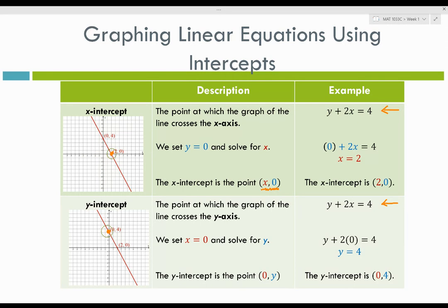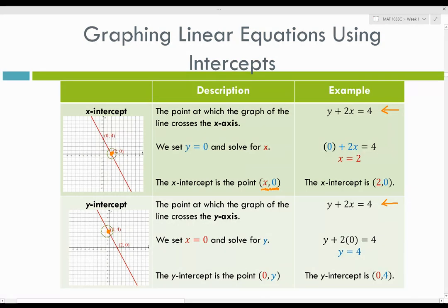So I end up with y equals 4. In coordinate form, y-intercepts always take the form (0, y), so I would write this as (0, 4). The way that I remember it, whatever intercept I'm trying to find, I set the opposite variable equal to 0. If I'm looking for x-intercepts, I set y equal to 0. If I'm looking for y-intercepts, I set x equal to 0. So it's always the opposite.